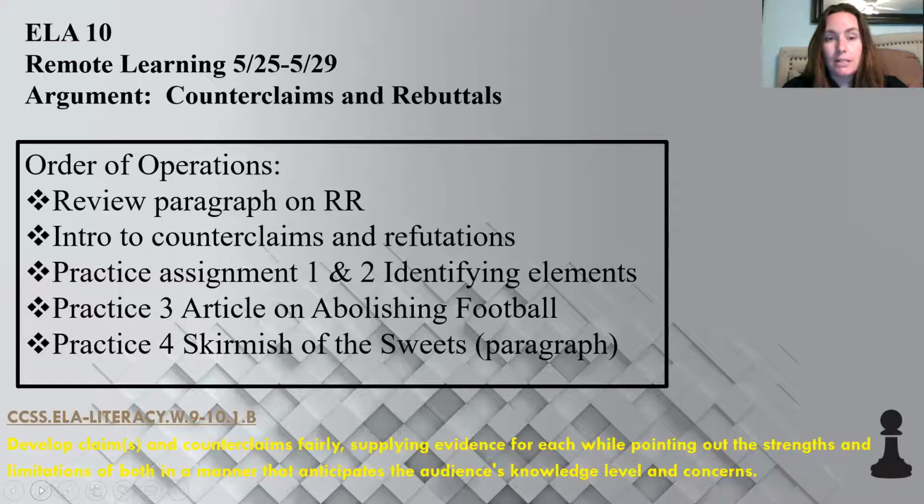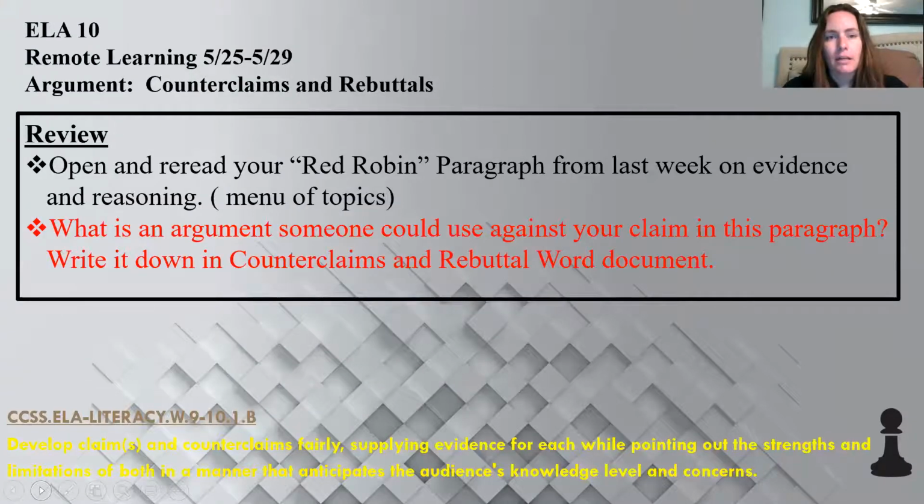Then we'll do the practice assignments 1 and 2, and then we'll do practice 3, which is the article on abolishing football, and then practice 4, skirmish of the sweeps, which is one of my favorite activities. We usually do it in class, splitting up the class into 2 teams, but with the online environment, we can't really do that.